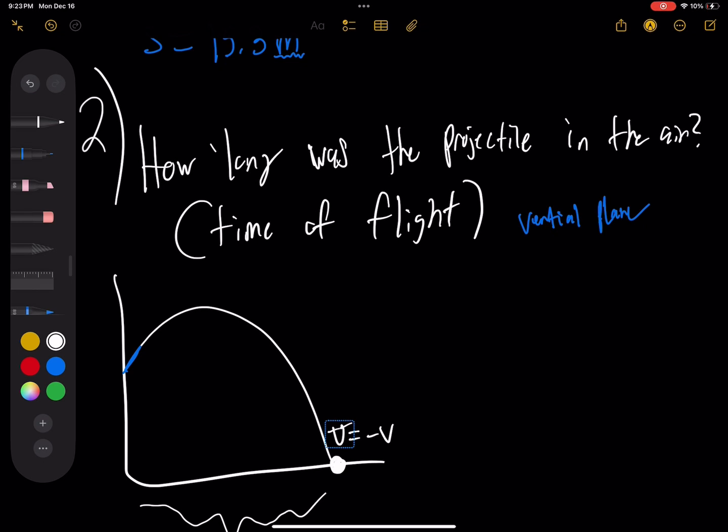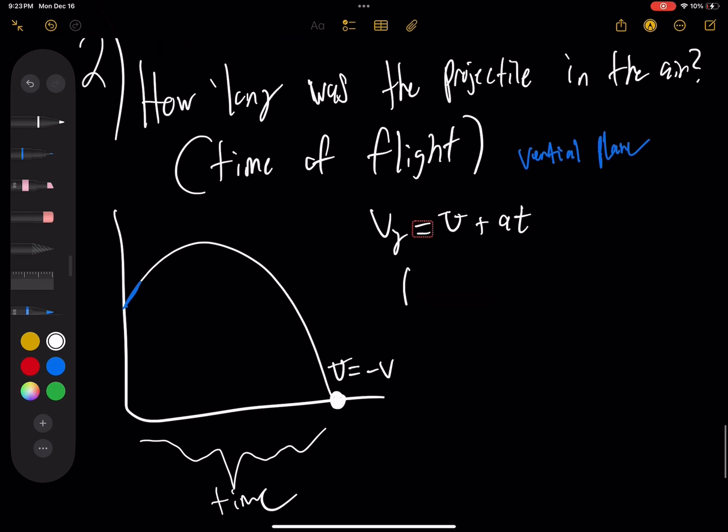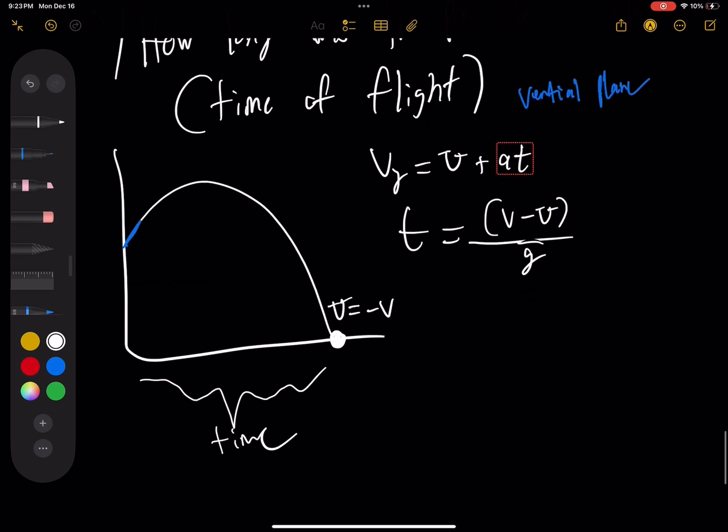For this one, we're going to be using from the formula sheet one you should be familiar with, v equals u plus acceleration times time. Solving it for time, we get this, where this is actually g, which I'm not going to define, you guys know what it is.